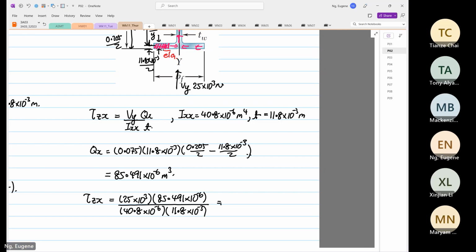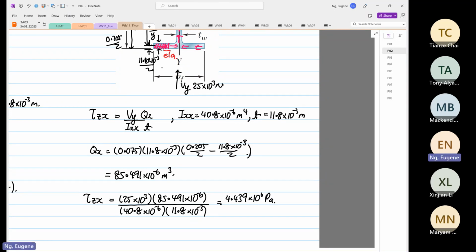So you don't need to divide by 2 because it's a wide flange. It's not a box beam. So 25 times 10 to the power 3 times 85.491 times 10 to the power minus 6, divided by 40.8 times 10 to the power minus 6, divided by 11.8 times 10 to the power minus 3 is 4.439 times 10 to the power 6 Pascal.